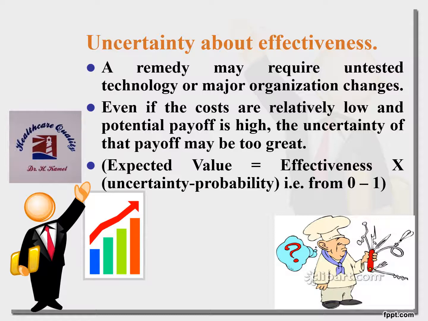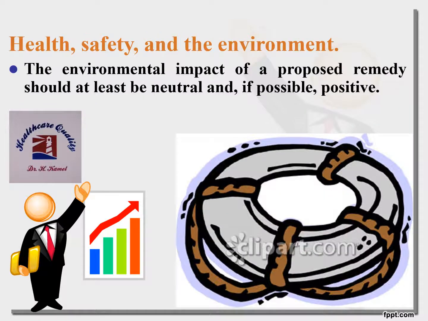Expected value is equal to effectiveness multiplied by uncertainty probability, that's to say, from 0 to 1. Health, safety, and the environment. The environmental impact of a proposed remedy should at least be neutral and, if possible, positive.